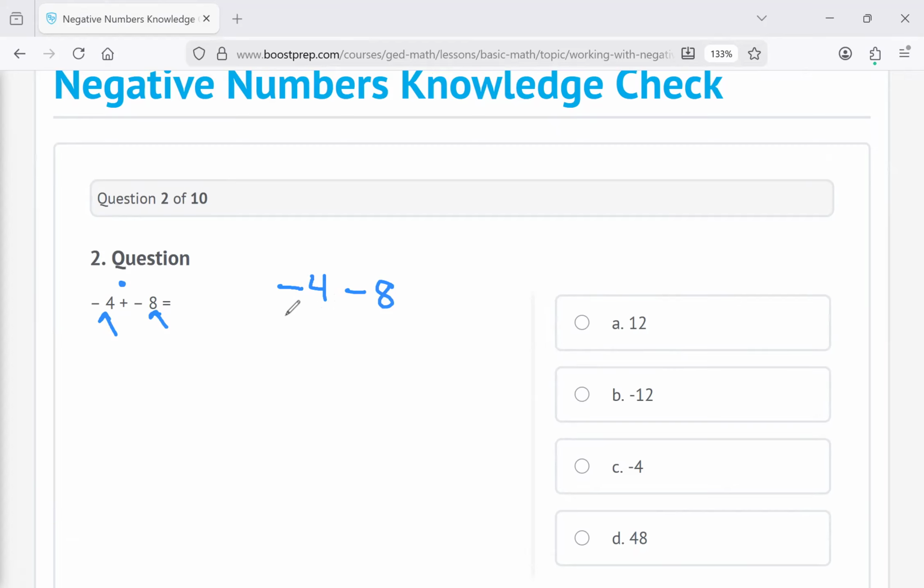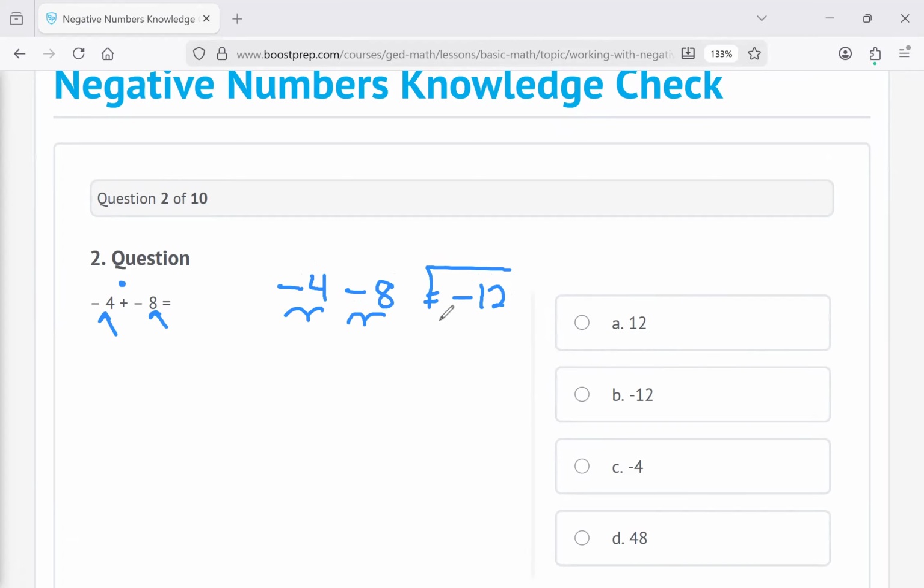So pretend you owe someone $4, and then you owe another person $8. How much do you have, or how much do you owe? You don't have any of your own money, so you're still in the negative, right? So -4 and a -8 is -12.